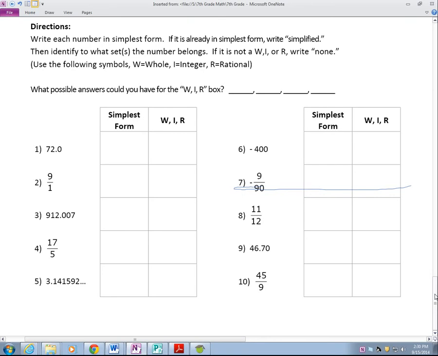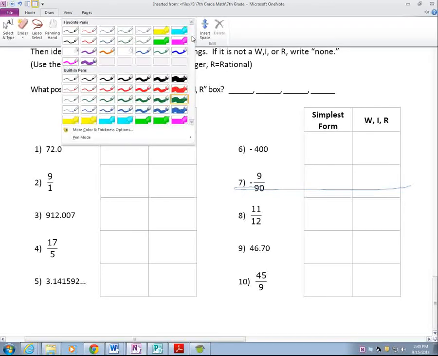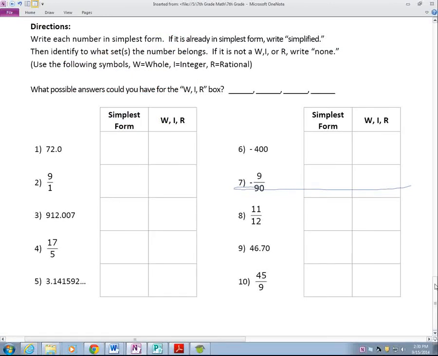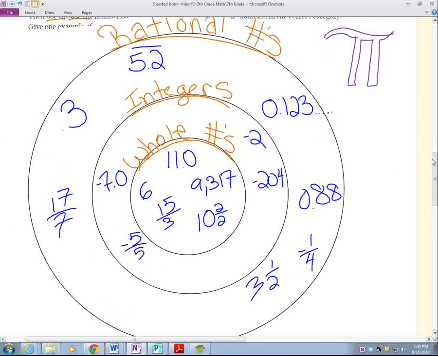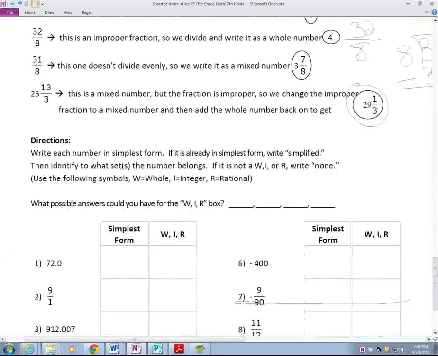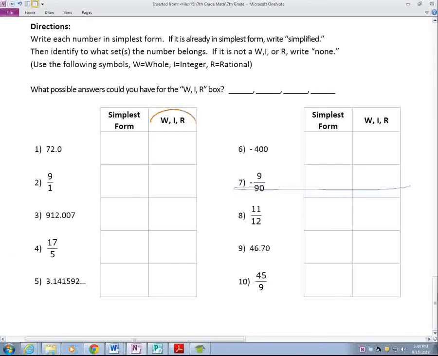What are the possible ways that you could write W, I, R in a box? I want you to refer to this. In this box here, what are the possibilities of responses? It gives you one of them. None. What's another possibility? Okay, a whole number.